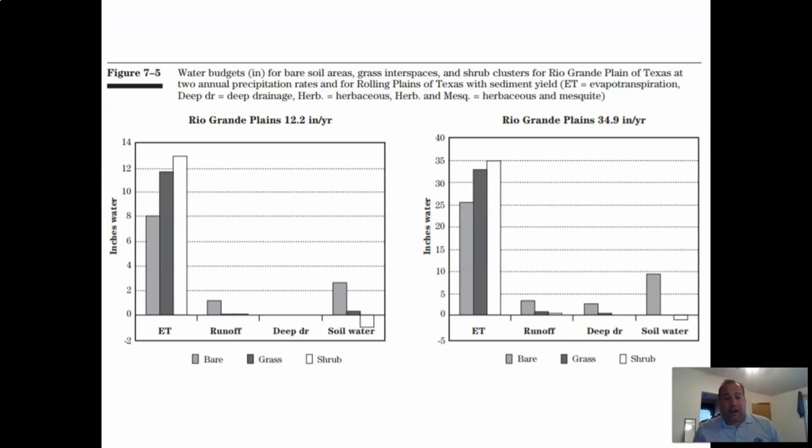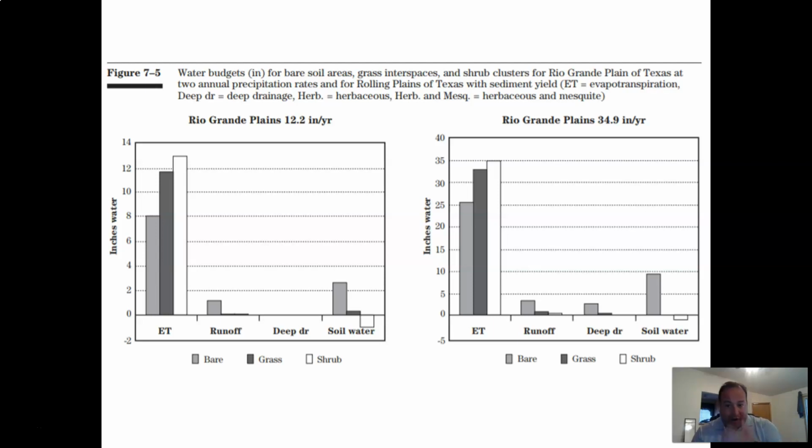Right here, for this area in Texas on the Rio Grande Plains, we have an example of that. You can see on the left it says that they get 12 inches a year in one area, and in the other area they get 35 inches per year. The ET on each of these graphs is evapotranspiration. On the left there's that 12-inch mark, and for grass and shrub areas it's right there or right above it.